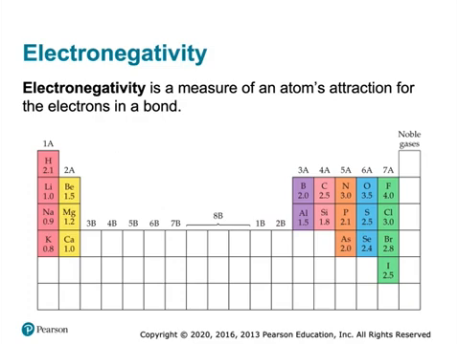So that is kind of like electrons. Electrons are attracted to certain types of atoms, and the most attractive atom to electrons is fluorine.